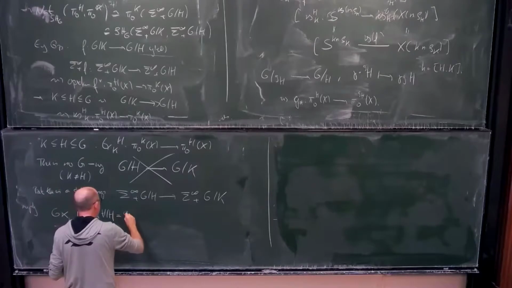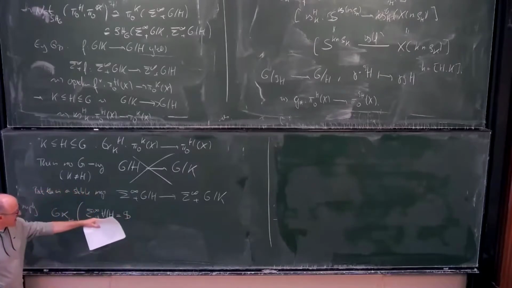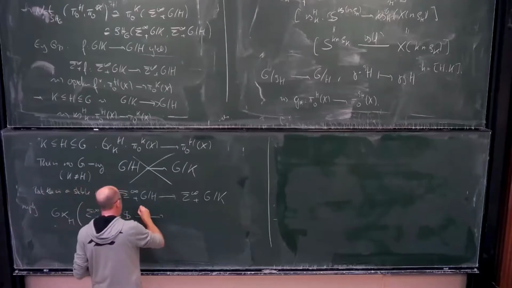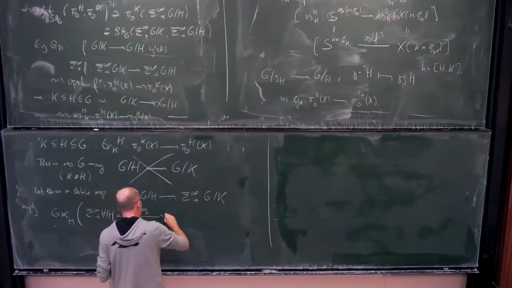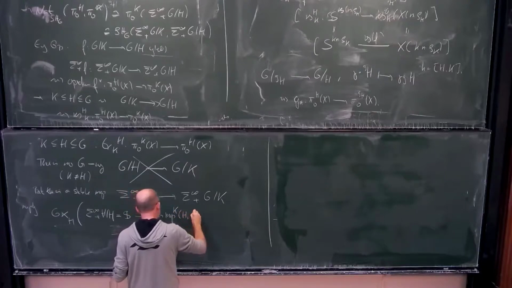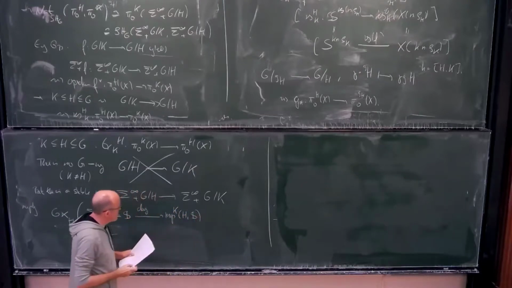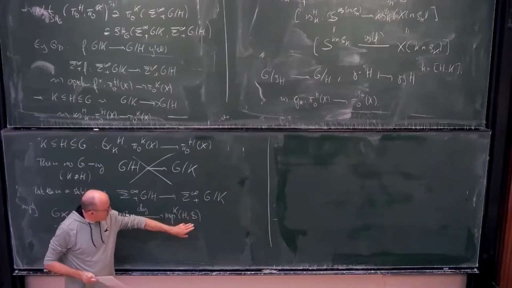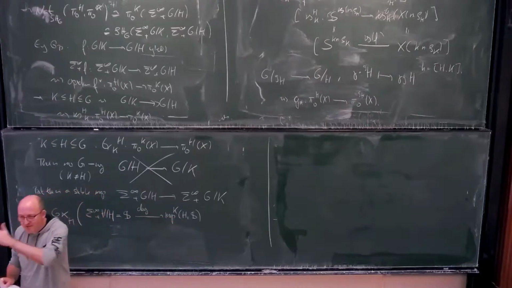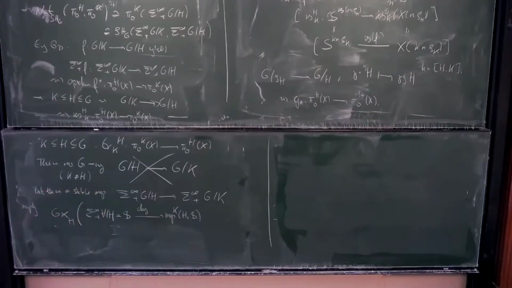So this is the sphere spectrum, the H equivariant sphere spectrum, because H mod H is the point and its suspension spectrum is the sphere spectrum. And here I can take a diagonal map into the K equivariant maps from H into the sphere spectrum. So this is a product of copies of the sphere spectrum, as many factors as the index of K in H has. And if I take really the diagonal, then in each factor it's going to be an equivariant map.